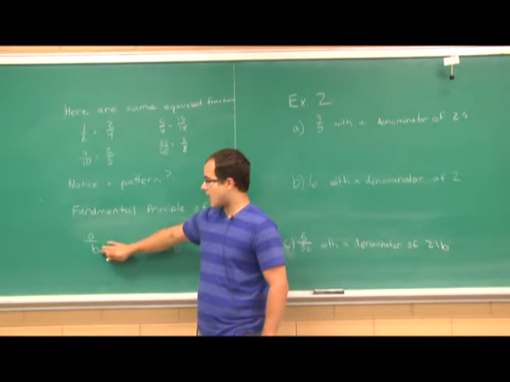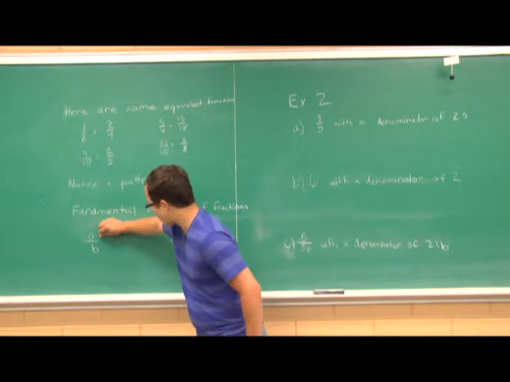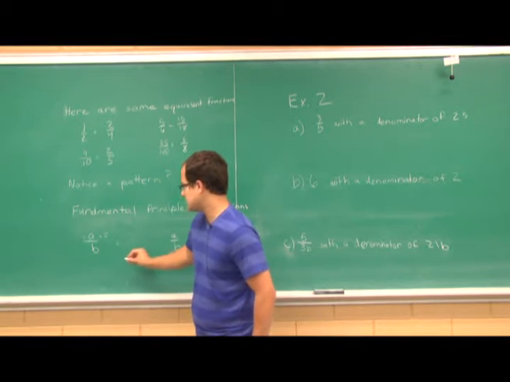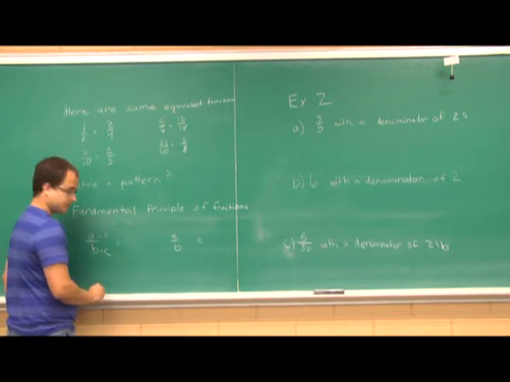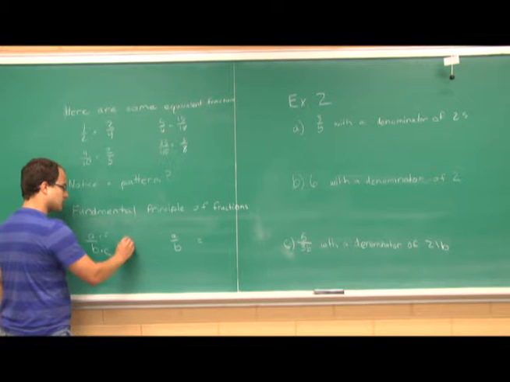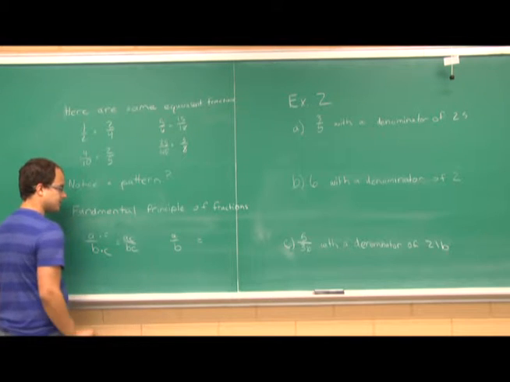So if I have a over b, and I multiply a by c and b by c, I will get an equivalent fraction of ac over bc.